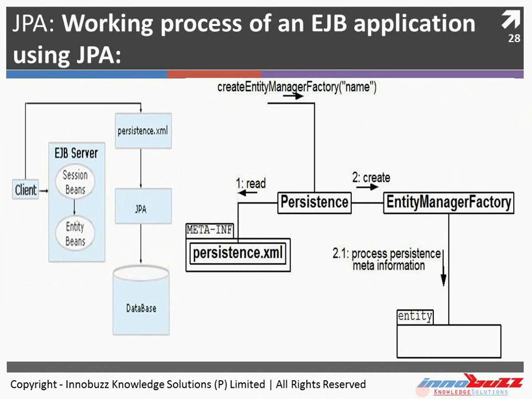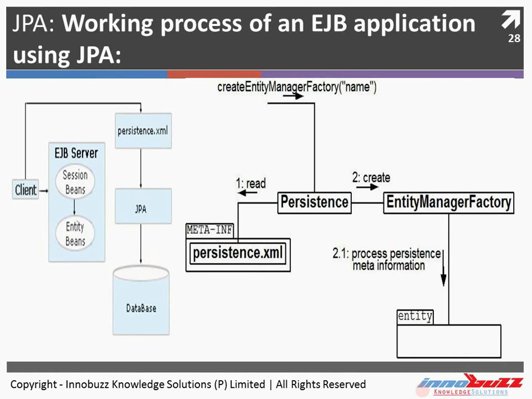So this is how the process carries on. It has the session bean interacting with entity beans through some kind of configuration files or descriptor files like persistence.xml, which is required by Java Persistence API to connect to the database.